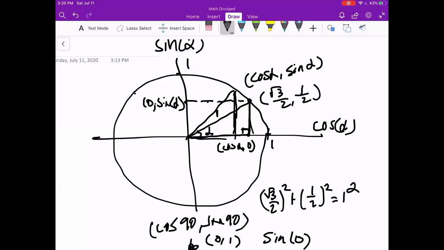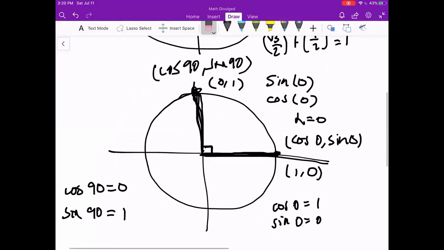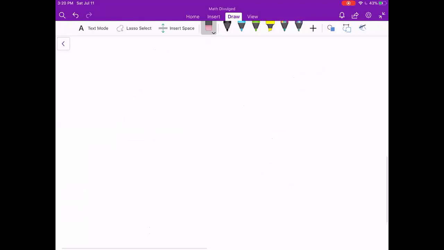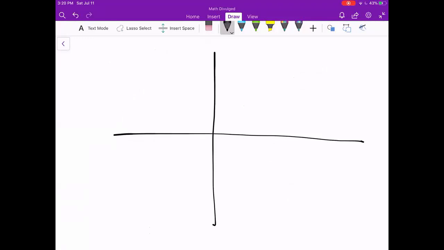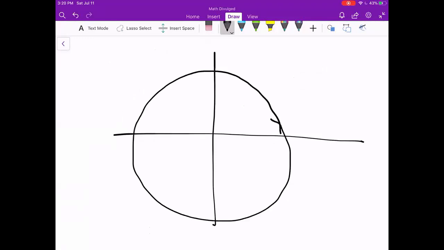Now that we have this unit circle, we can notice some overarching observations. Let me once again draw another unit circle. Let's say we have these two angles.